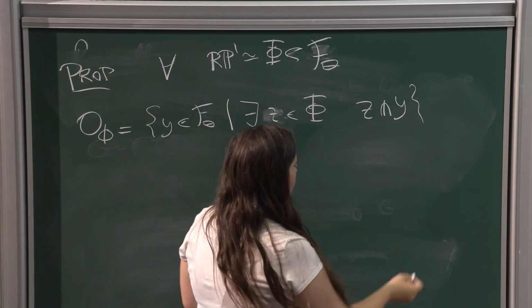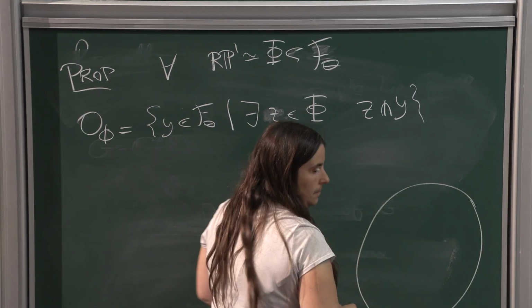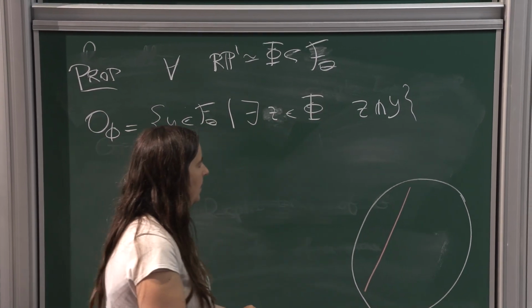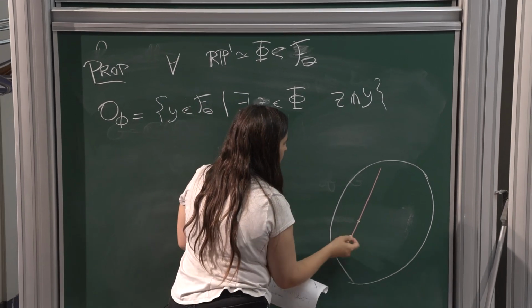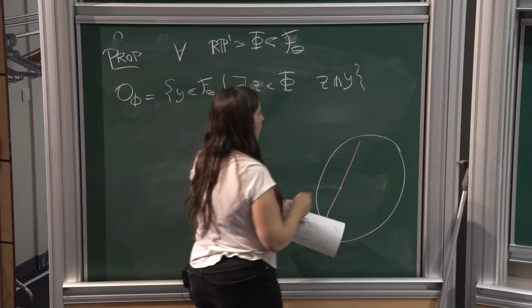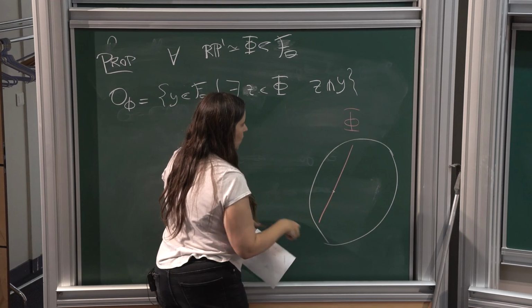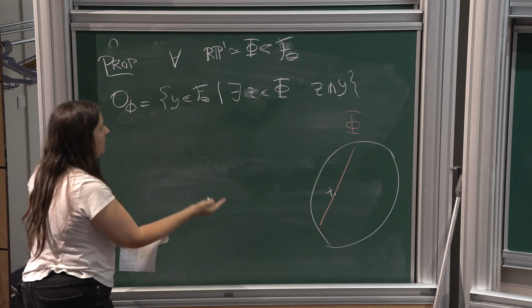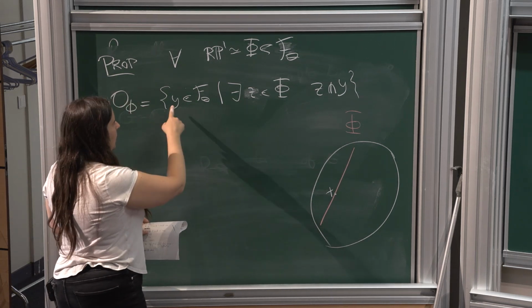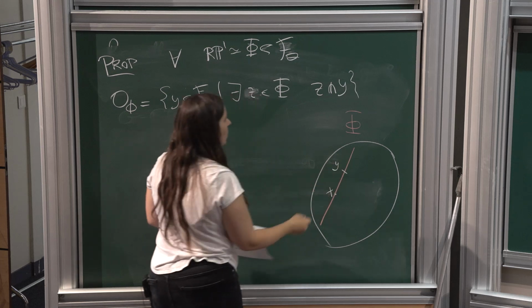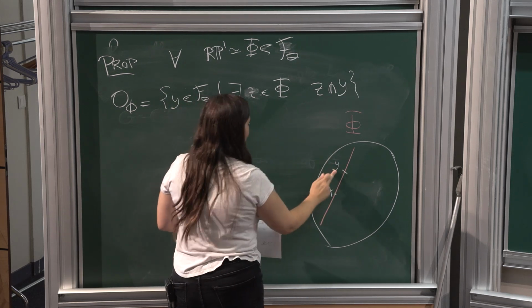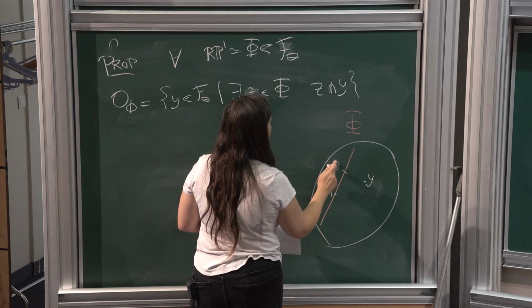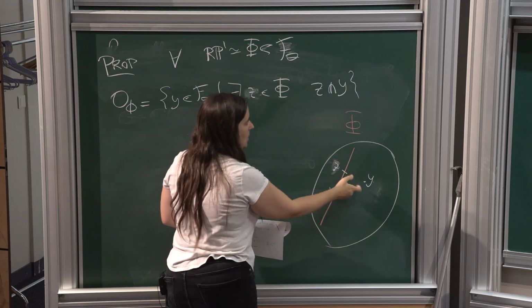So now the picture here is that I have my phi, maybe a photon through a point x, and I want to look at the points y in f theta such that there exists a point z in the photon so that these two are in general position.